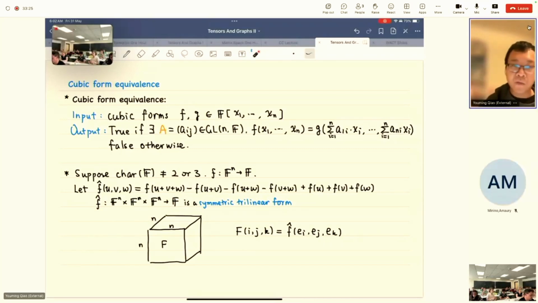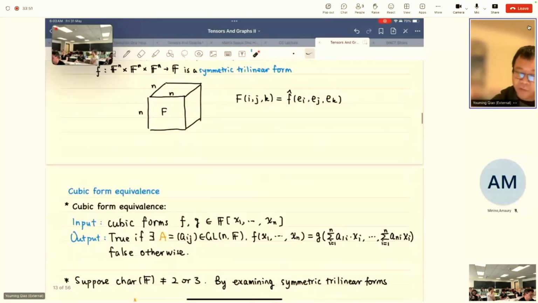Once you get a trilinear form, the tensor or three-way array kicks in, and then you can define a three-way array F, where the ijk-th entry of F will be the evaluation of this F hat, this symmetric trilinear form, on e_i, e_j, e_k, where e_i, e_j, e_k are the standard basis vectors.